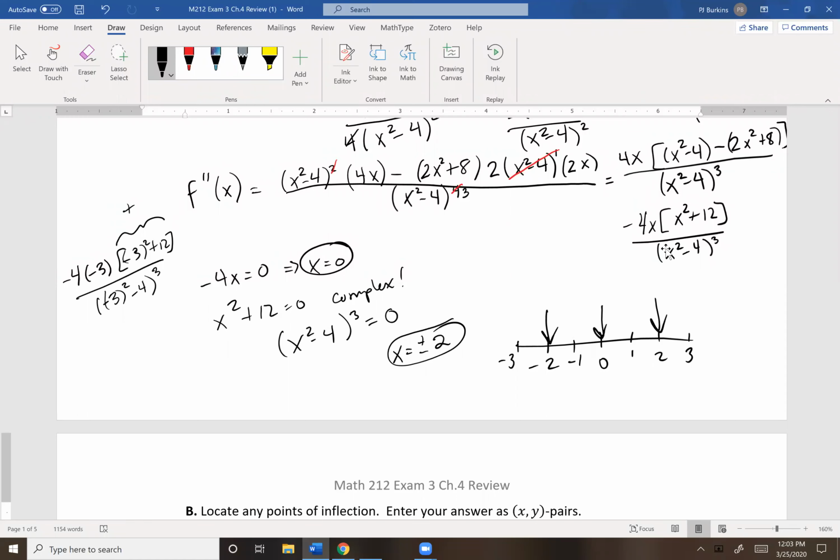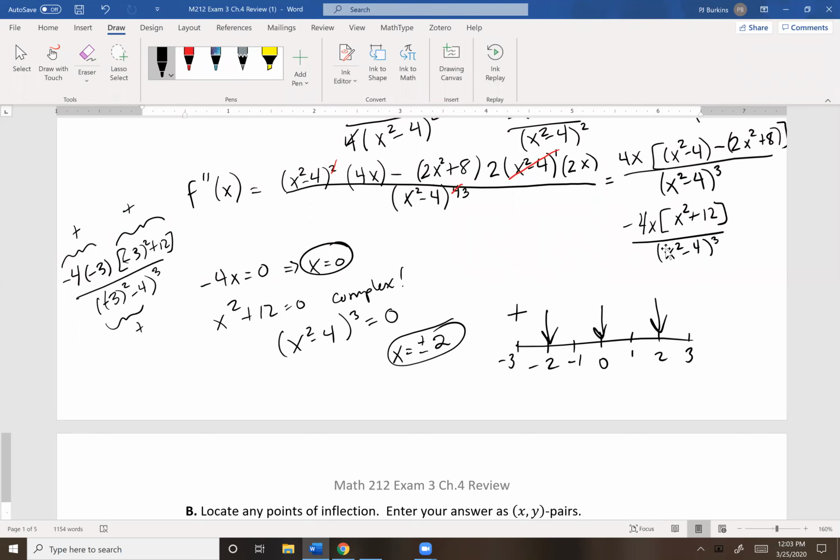So I really only have to care about the other two pieces. This combination is a positive number. Squaring a negative number there becomes positive. This number is bigger than 4. So overall, the whole bottom is positive for that one. So this guy right here is positive.